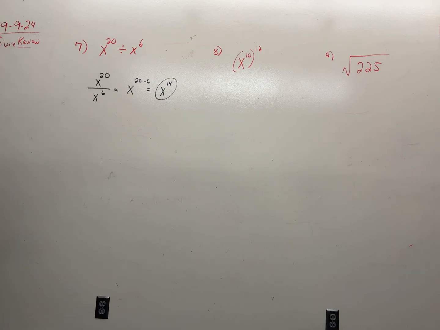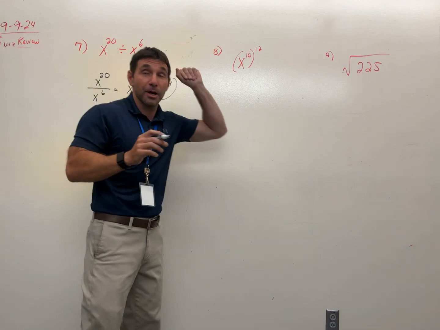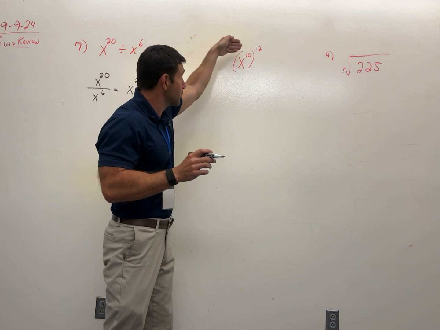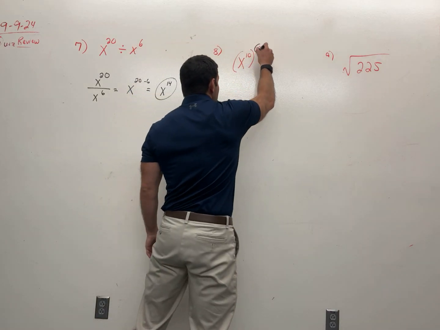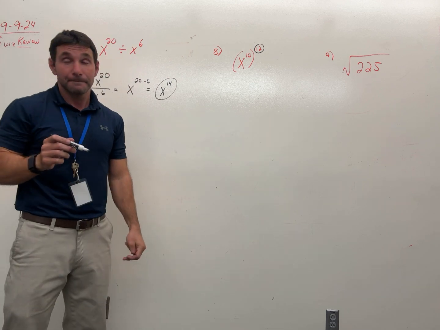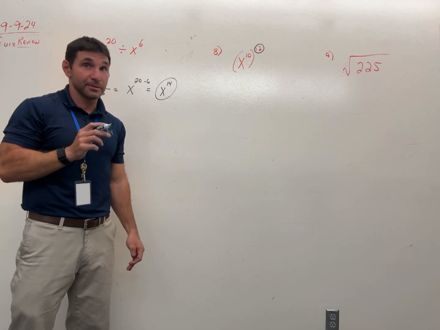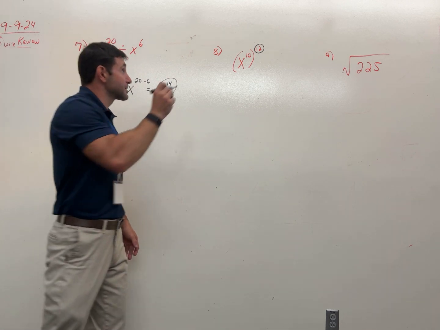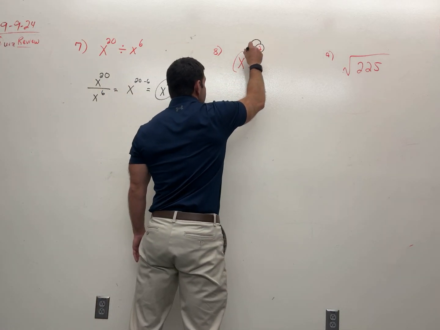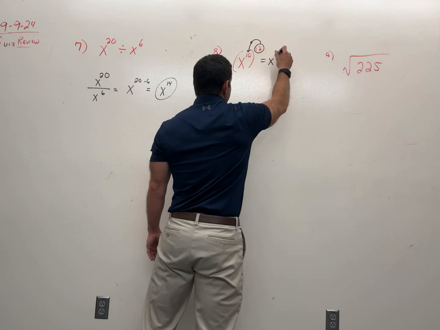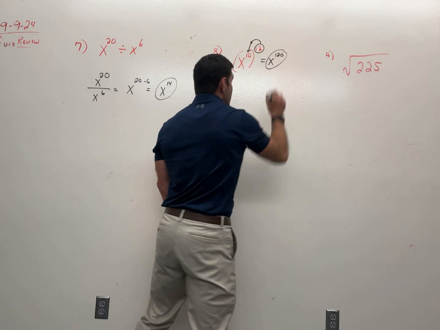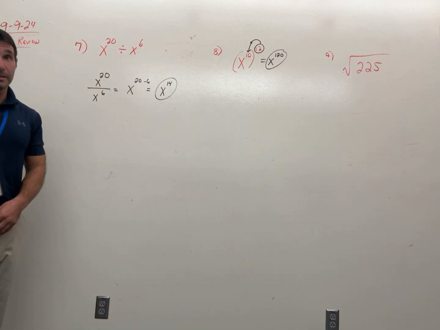Number 8. This is the power property. A power raised to another power. When we have that, what do we do with the exponents? Multiply them. We keep the base. We multiply 12 times 10, which gives me 120.